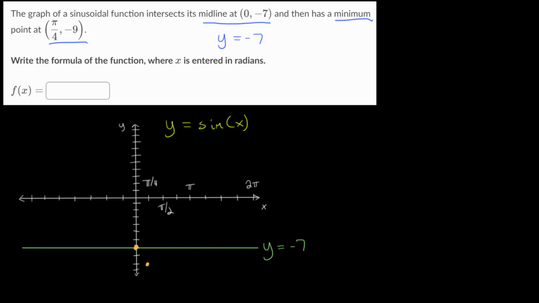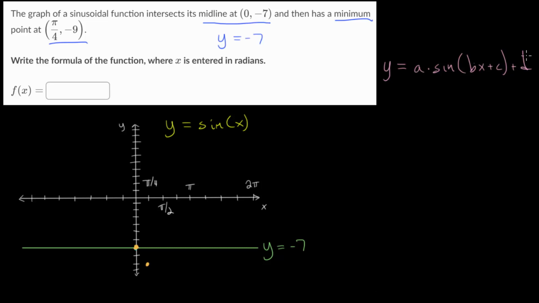And like I mentioned, we also need the general equation for a sinusoidal function. So we have y = a sin(bx + c) + d, with the d on the outside, where a deals with the amplitude of the function, b affects the period, c will shift the function left or right, and d will shift it up or down.